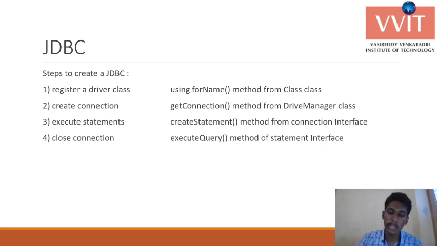Next, we need to create a connection. For that we have the getConnection method from the driver manager. After that, we need to execute statements like create table, select star from table, etc. And after the execution of the query, we need to close the connection. So this is how we can connect Java to a database.